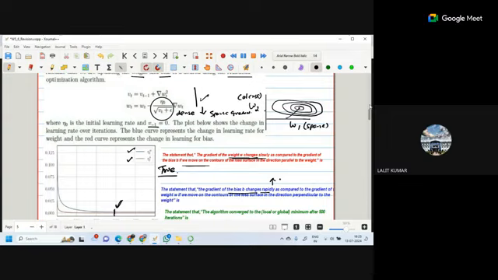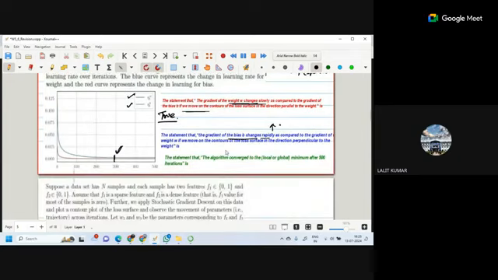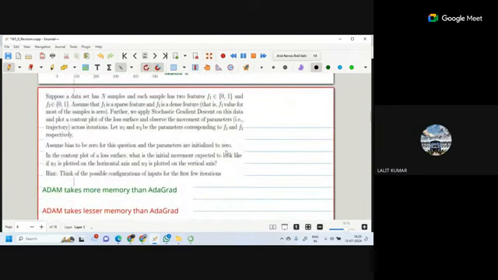To overcome that, we came to AdaDelta, with adaptive gradients. Then to combine the advantages of momentum gradient descent with adaptive methods, we came to Adam. So like that, you have to build up the story and your concepts.